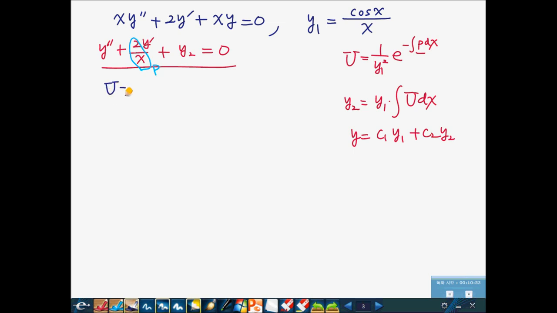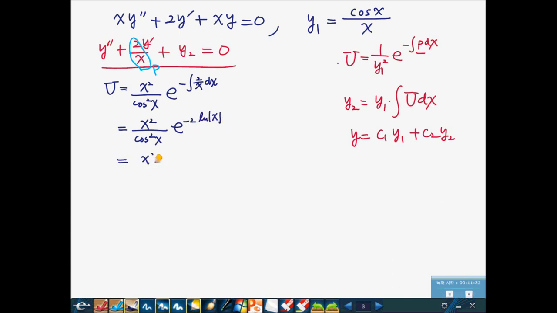And then the big U will be 1 over y1 squared. I mean, there's a formula there. Okay, so that'll be x squared over cosine squared x, because of the inverse of y1, right? So e to the minus integral of 2 over x dx. Okay? And that's x squared over cosine squared x times e to the minus 2 ln x.